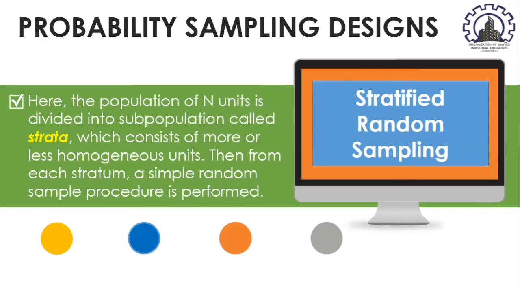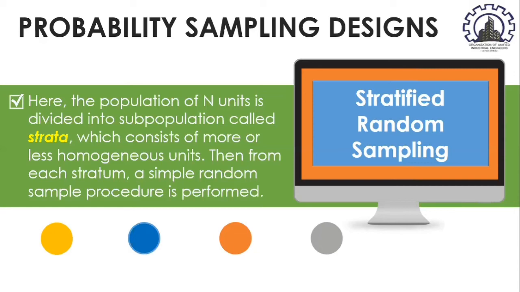So what you need to do first is divide the whole population into subpopulations, which you call strata. After that, you apply the simple random sampling technique.